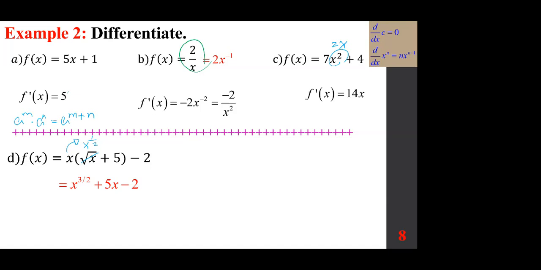Then let's differentiate as follows. 3/2 sits in front and then the exponent goes down by 1. So 3/2 x to the power of 1/2 plus 5. Remember, -2 gives you 0, so you don't have to worry about that. Now practically you're done, but if you want to go back to the format that was given, this is square root of x. Remember that? So that's in case.